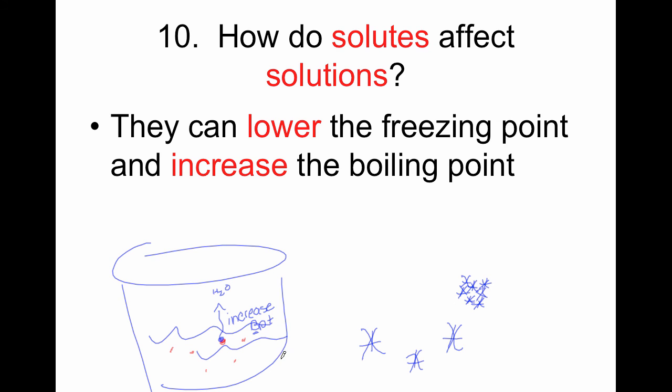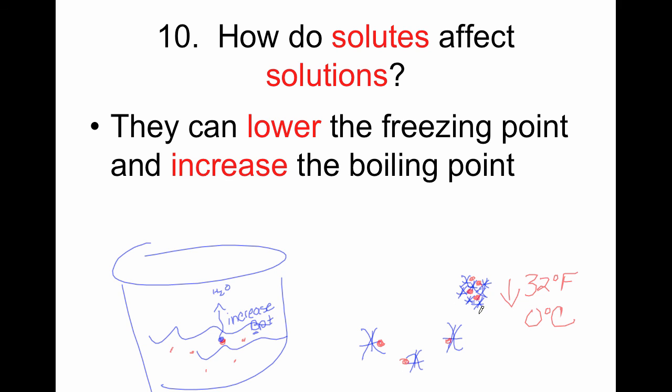Well, if we put salt on the ground, then that gets in the way of these ice particles from forming, and makes it so that the freezing point has to be lower than 32 degrees Fahrenheit or 0 degrees Celsius in order for this ice to form.